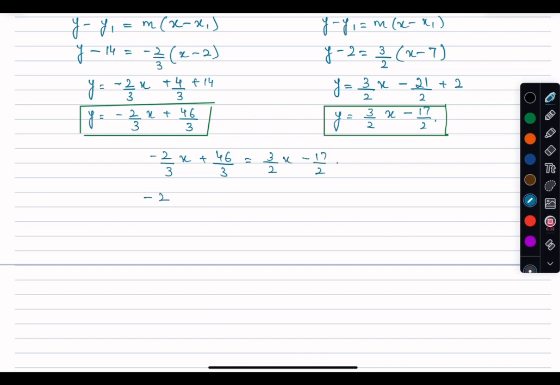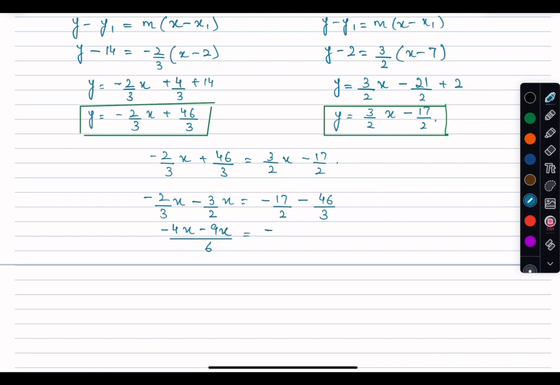Or I can say, just take the x on the left side and the constants on the other. So minus 17 by 2 minus 46 by 3. So this becomes negative 4x and negative 9x divided by 6.